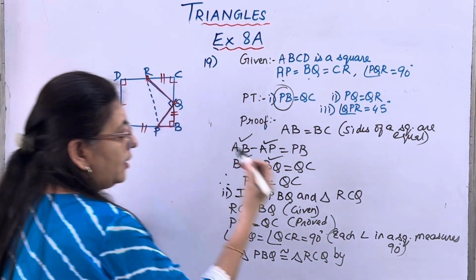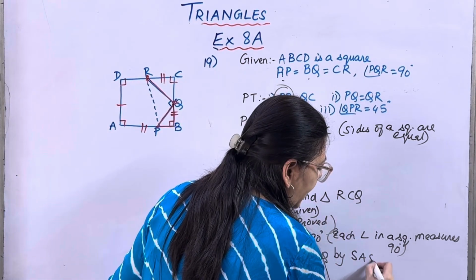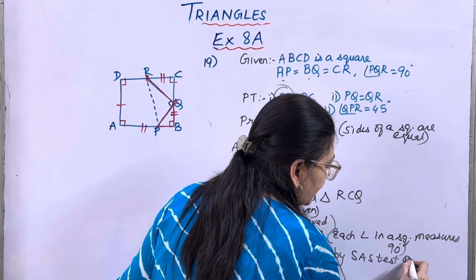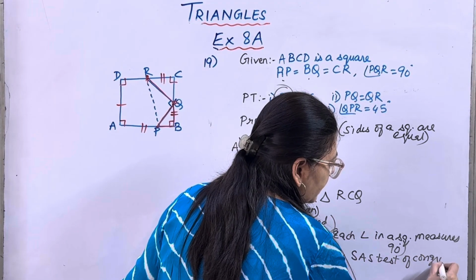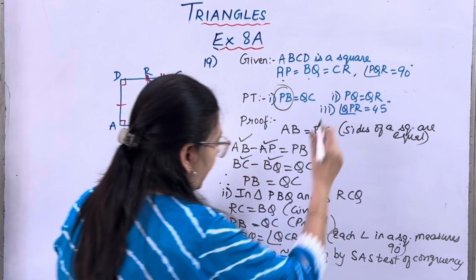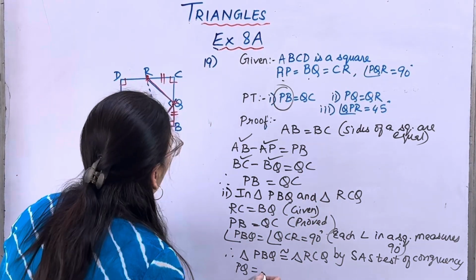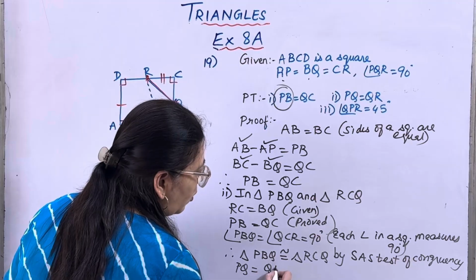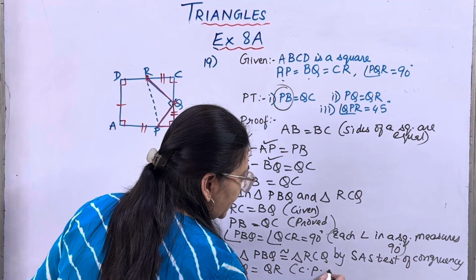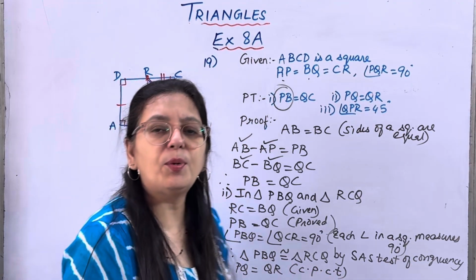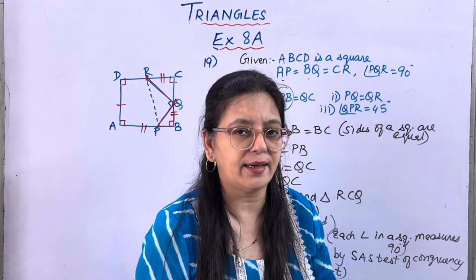Side, angle, side. So, it is the SAS test of congruency. And therefore, PQ will be equal to QR. What is the reason? CPCT. Corresponding parts of congruent triangles.